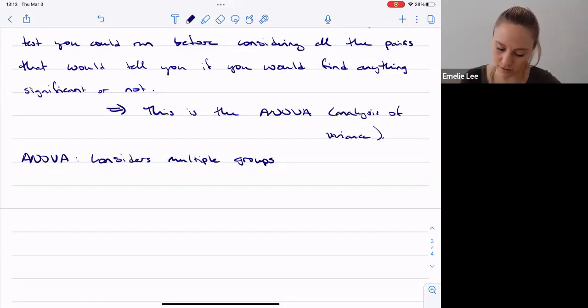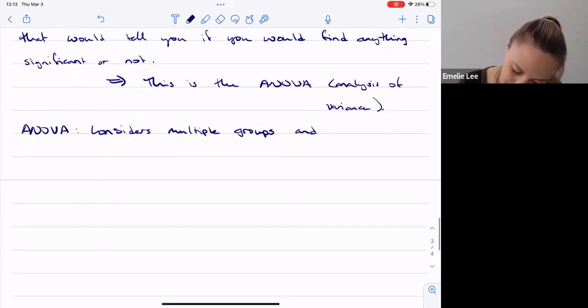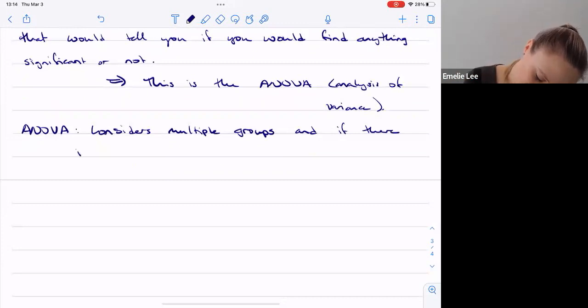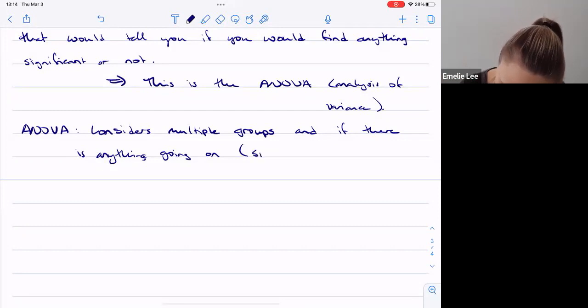I'll clarify in brackets: anything going on means if there is a pairwise comparison that would be significant.